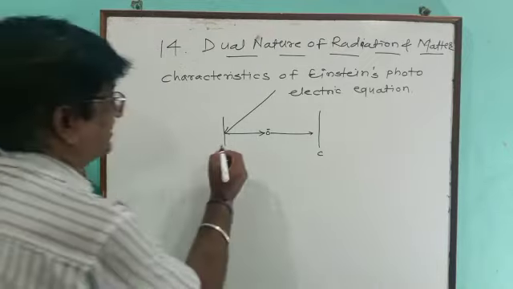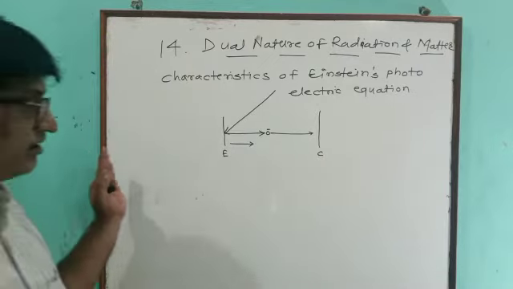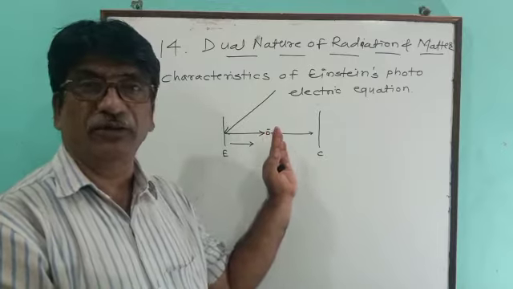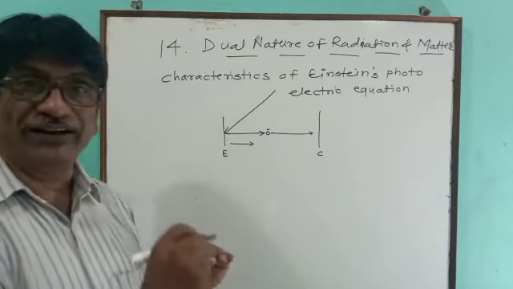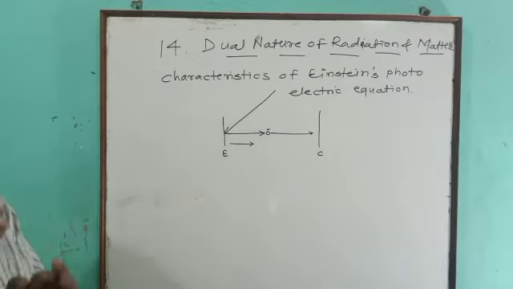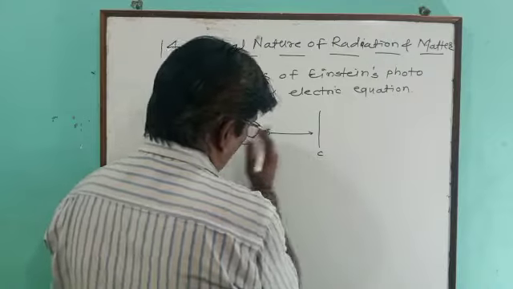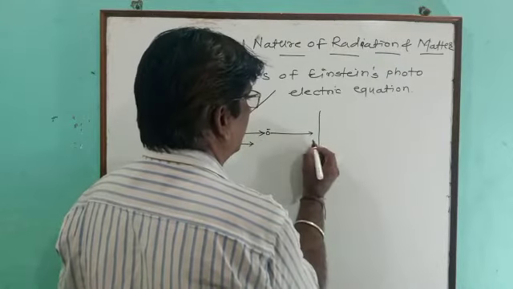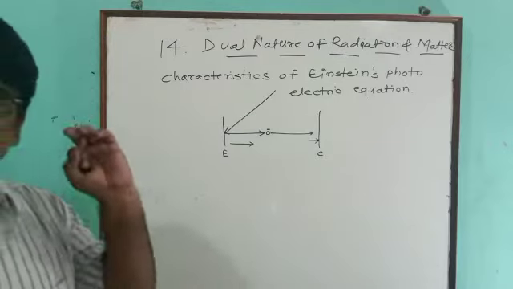Here the accelerating potential will be increased. As the accelerating potential increases, the photoelectric current also increases. But when all the photoelectrons are attracted towards the collector, there is a limit.